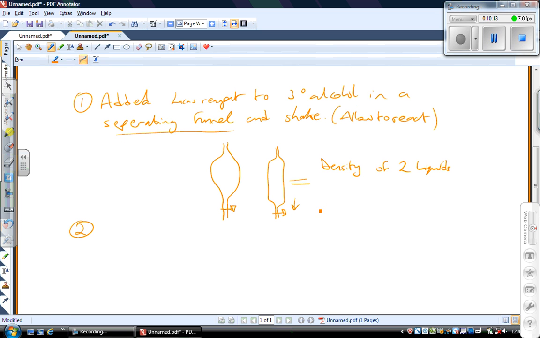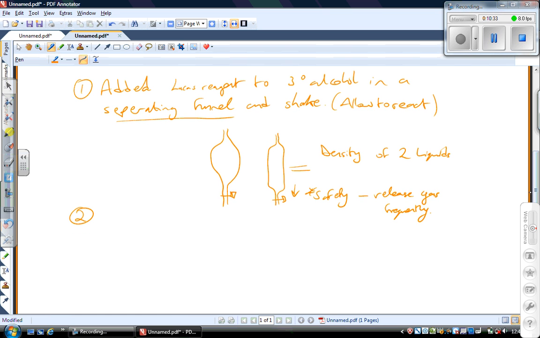One safety issue with this is that there can be a buildup of gases, whether that be HCl vapor or H2O vapor, and you must therefore release the gas buildup frequently. Otherwise, that's quite dangerous for obvious reasons. And also when you're opening the top, make sure that you don't have your eyes pointed directly at any emissions.